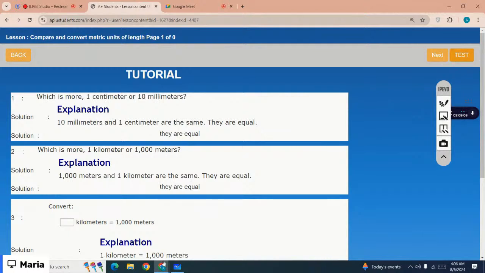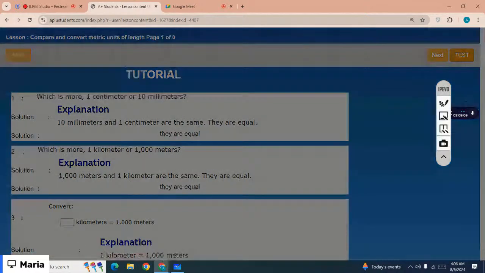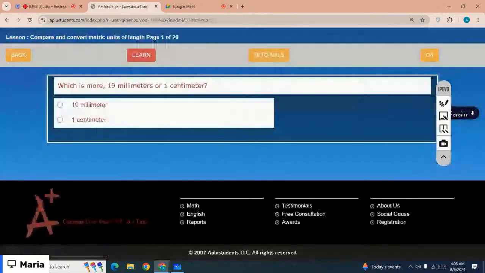So let's start with the test questions. They are the basic units. You have to keep them in your mind. Which is more, 19 millimeters or 1 centimeter? So which is the correct option? Okay, so 1 centimeter equals 10 millimeters, right?